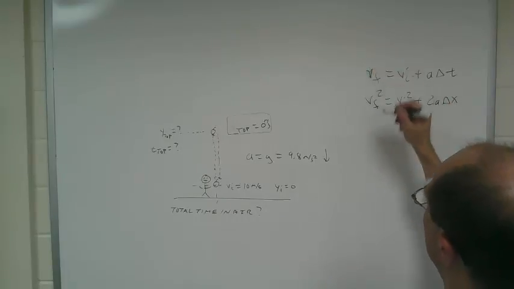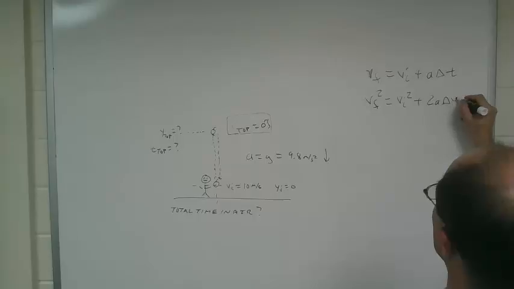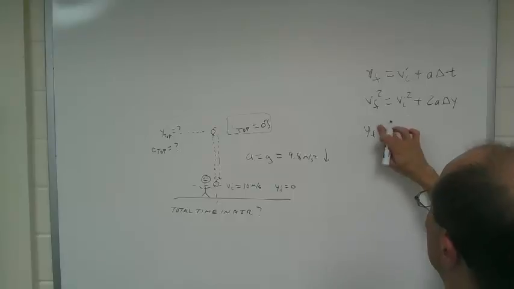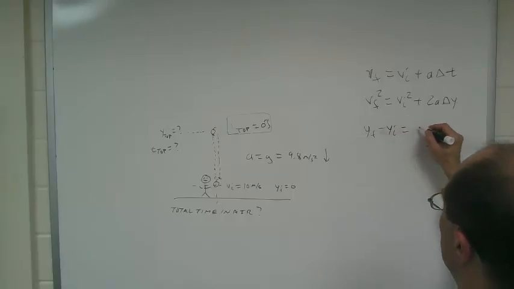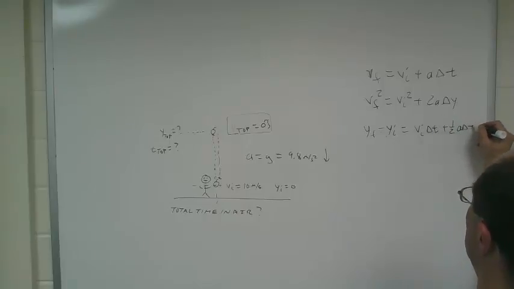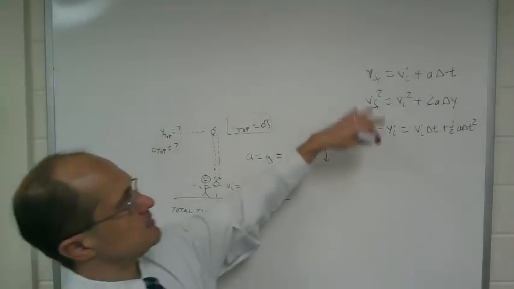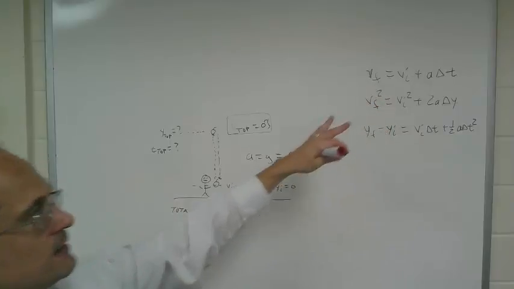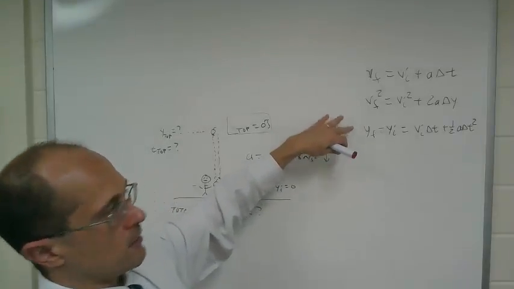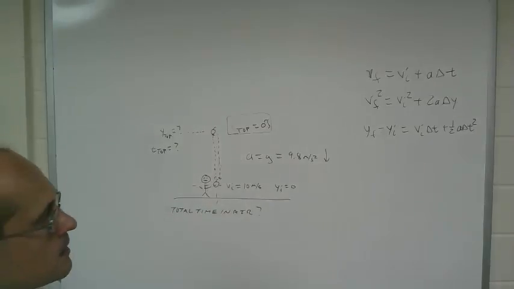And then, instead of x, we should be putting y because it's a different direction: y final minus y initial is equal to v initial delta t plus 1/2 a delta t squared. Whenever we have these equations, we can put y in instead of x. It makes a difference only in terms of keeping track of our proper labels.